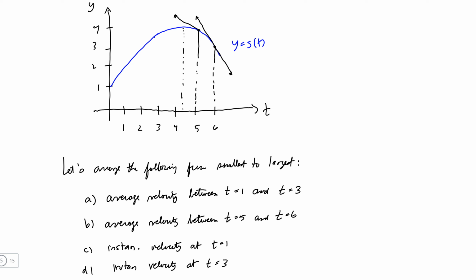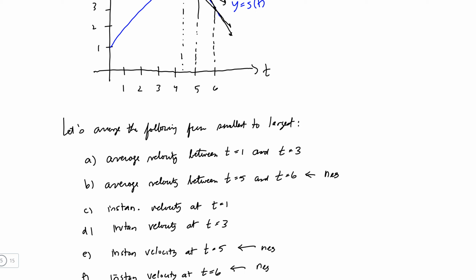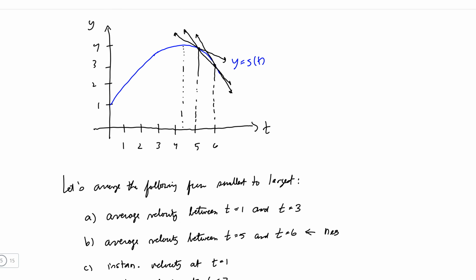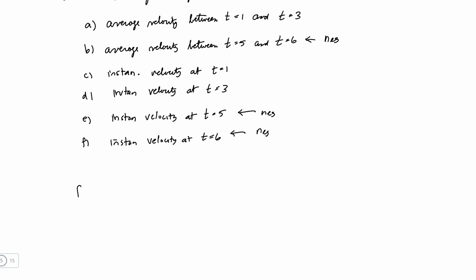The one connecting these two is somewhere in between. So these are negative, negative, and negative, and the tangent line at 6 is the most negative. So I'd have f as the very smallest one.